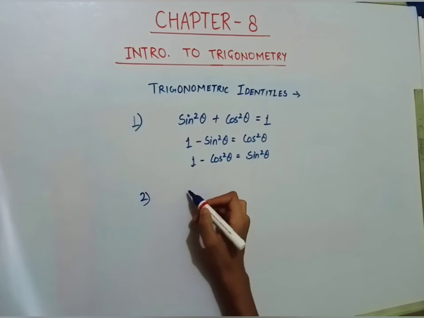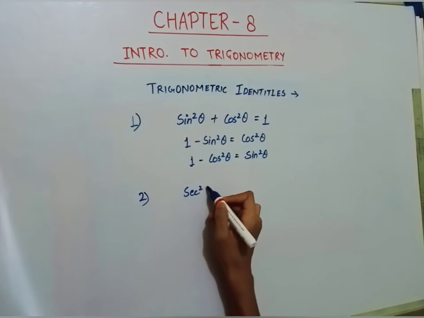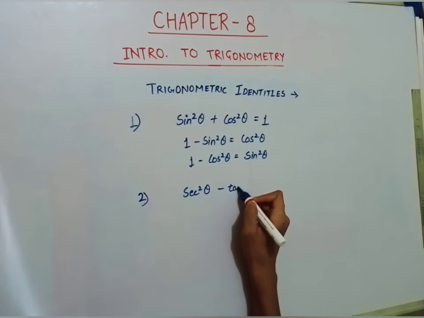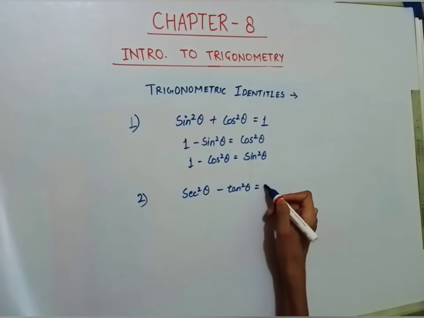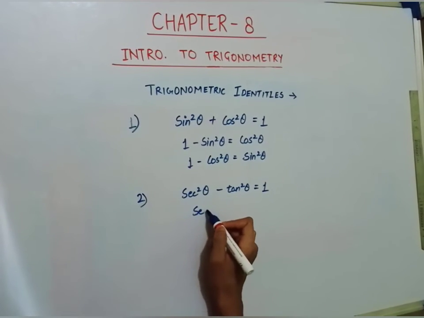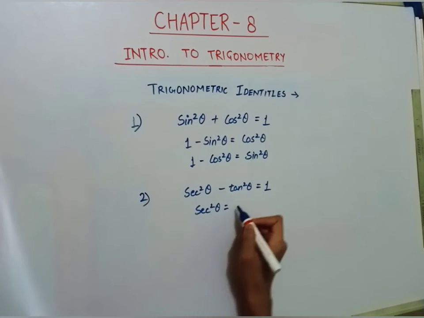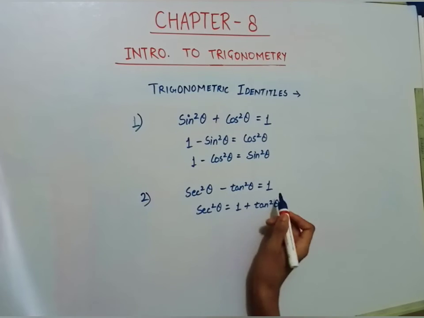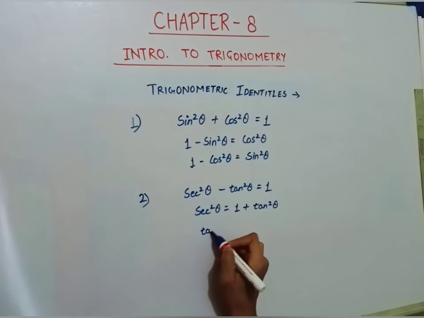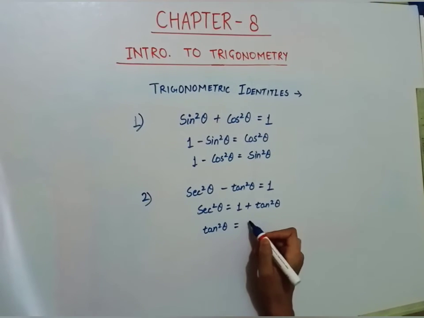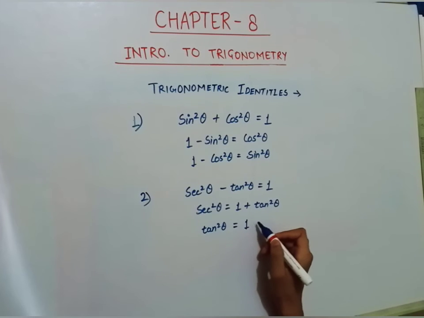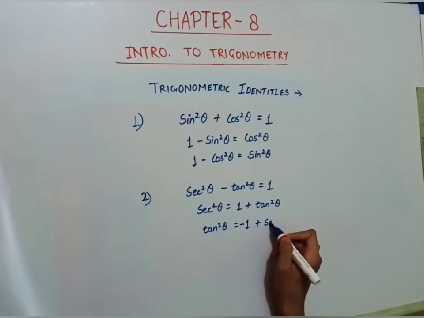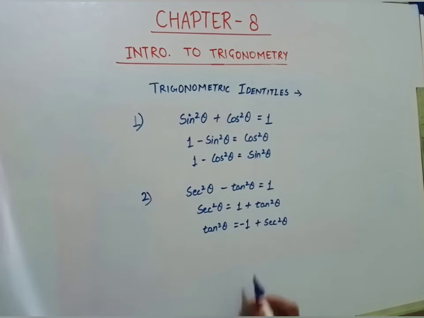Now second is sec square theta minus tan square theta equals to 1. Now by simple shifting, sec square theta equals to 1 plus tan square theta, and again tan square theta equals to sec square theta minus 1, or minus 1 plus sec square theta.